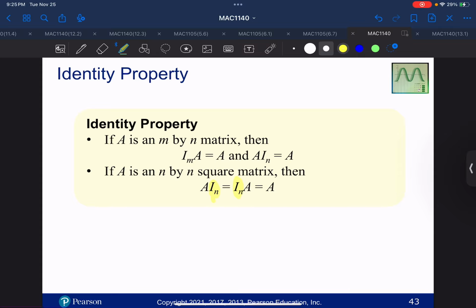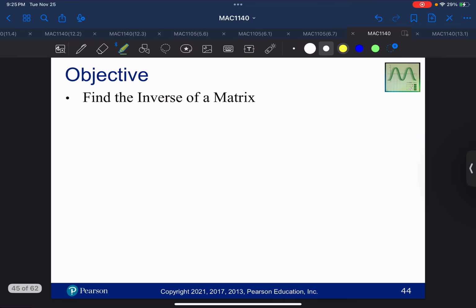So it doesn't matter which order you multiply that in if it's a square matrix. It'll still give you A either way.